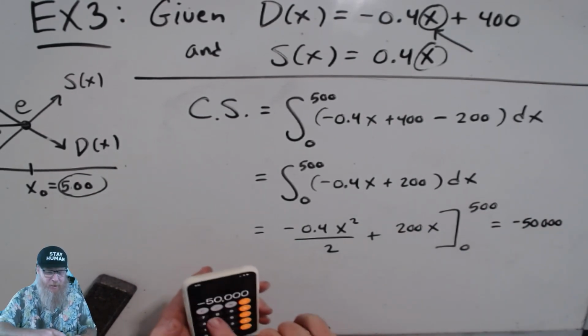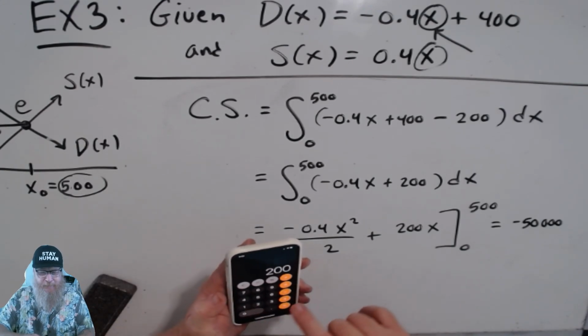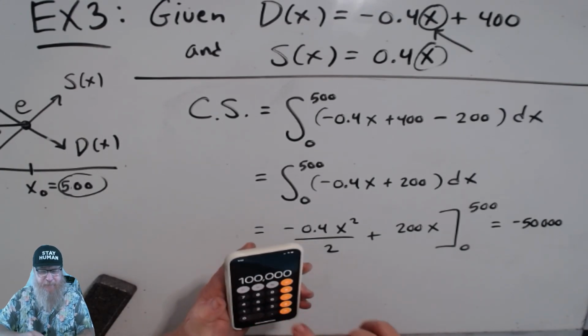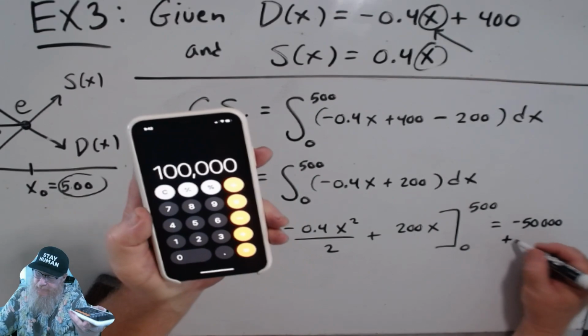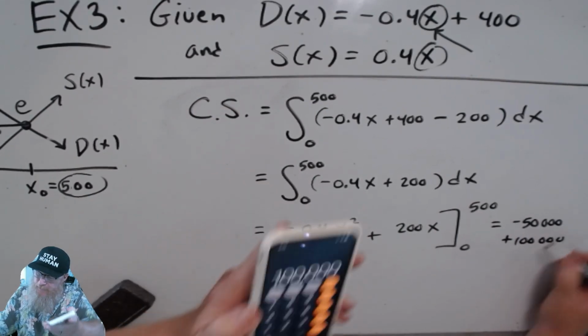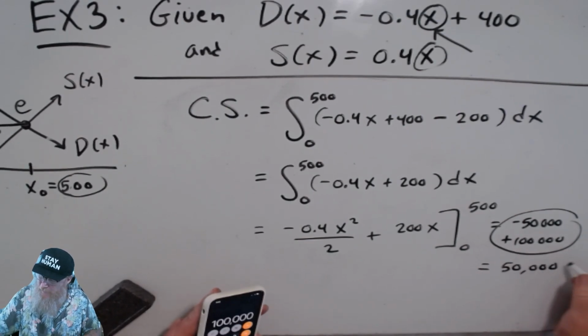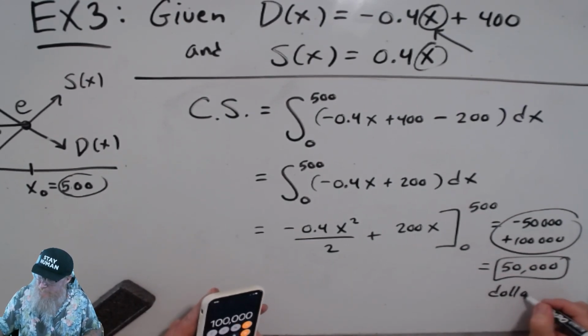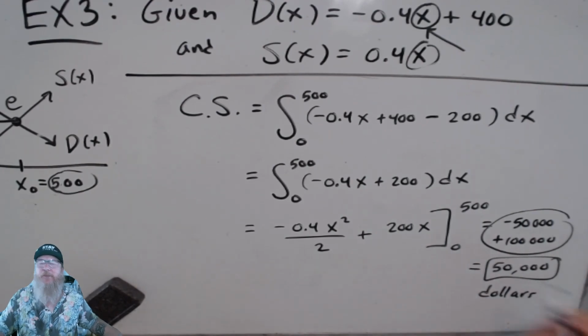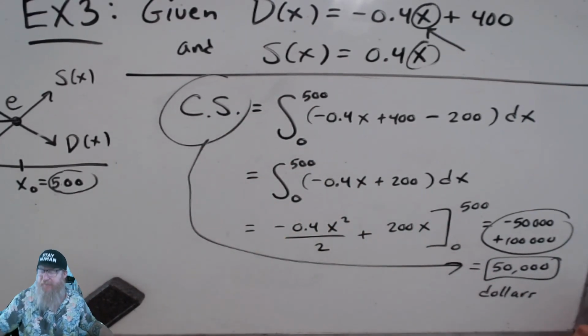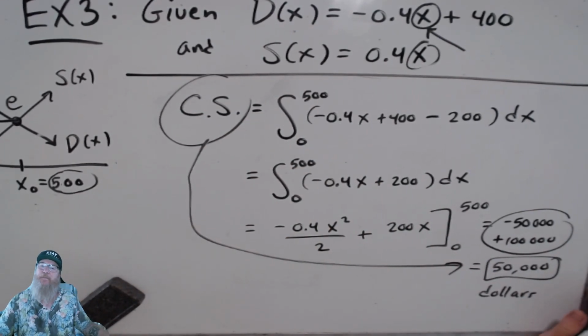And then 200 times 500 is 100,000. You'll see a pattern here. It's a pattern we've seen before. So the consumer surplus is $50,000.